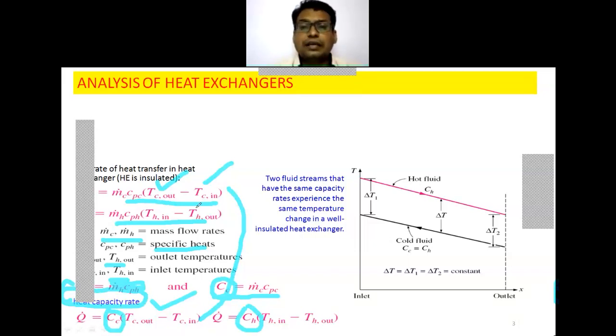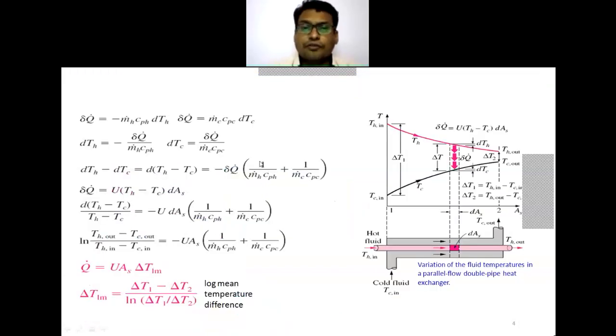Further, we can write the change. Consider the heat exchanger in which parallel flow is taking place. The derivation we are discussing is related to the parallel flow heat exchanger.